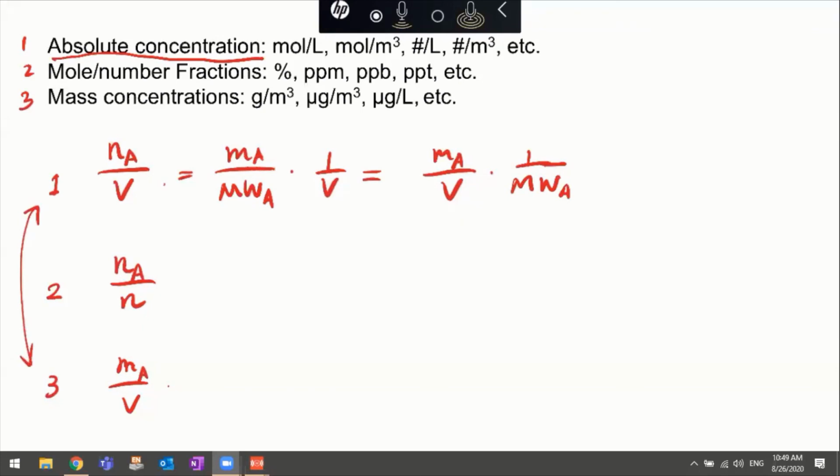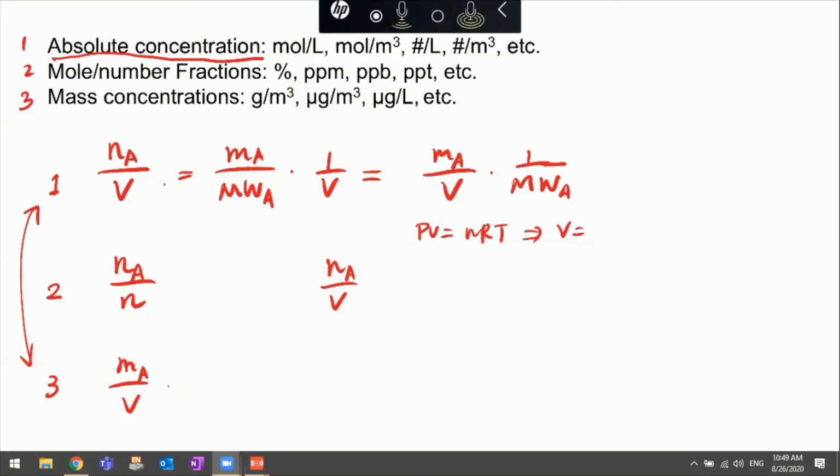And in terms of n_A divided by n, we still start from the first expression, n_A divided by V. We know that PV is equal to nRT. As a gas mixture, it works in this way.